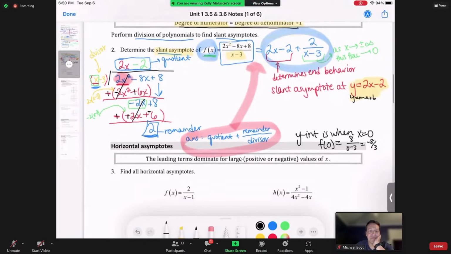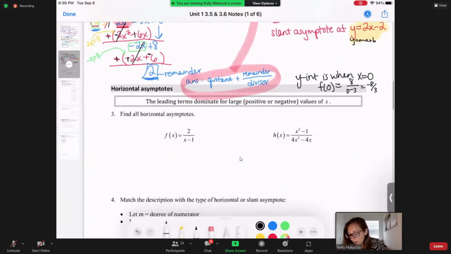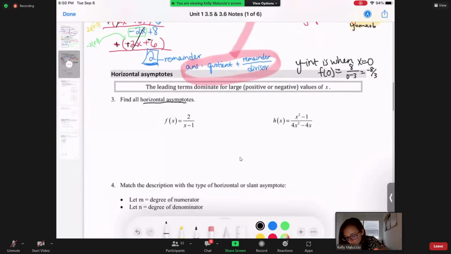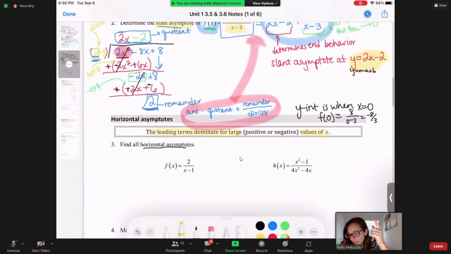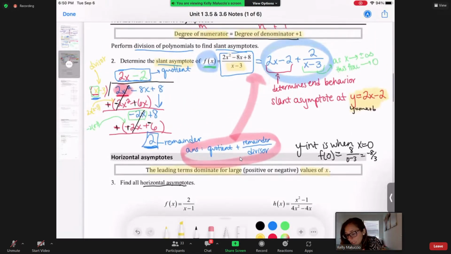Okay. All right. So let's take a look at now finding just horizontal asymptotes. This happens when, as you see here, we look at the leading terms, and they're going to dominate for large values of x. What this means is that we first looked above at an example where m was equal to n plus 1.